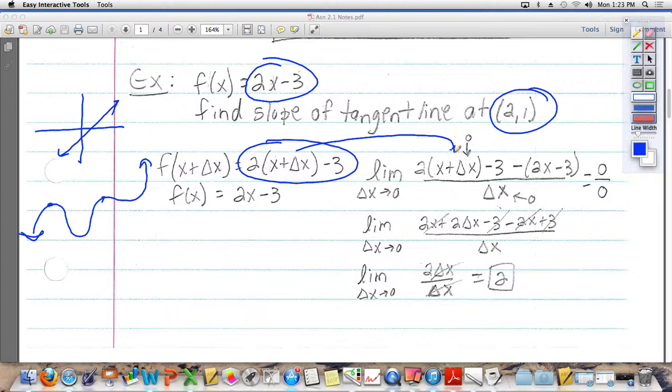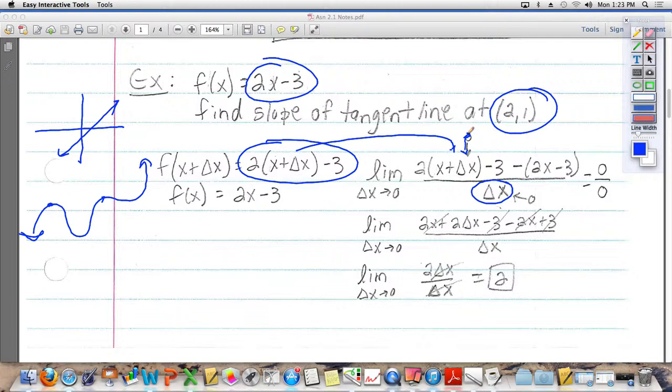And when you do this, by the way, the change in x, I replaced with 0, because what we're doing is figuring out what happens to this as the change in x approaches 0. If you plug in 0 here, and you do all the math, you're going to end up with 0 over 0. What does that mean to you?